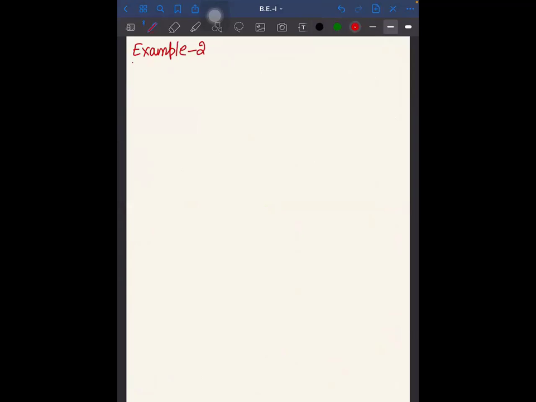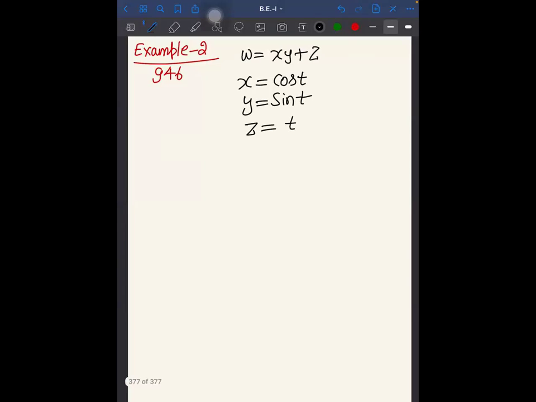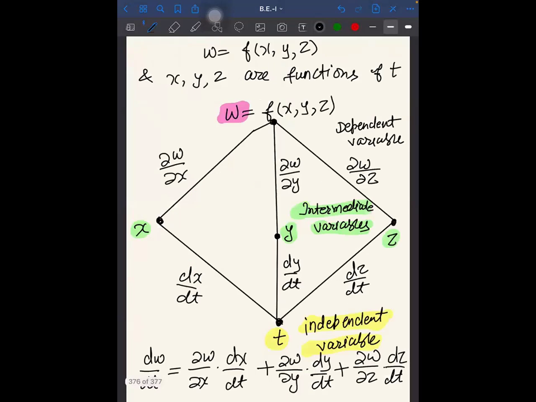So what does it say? It says W equals xy plus z, where x is equal to cos t, y is equal to sin t, and z is equal to t. Which kind of chart is more appropriate for this type of problem, chart 1 or chart 2? Chart 2.